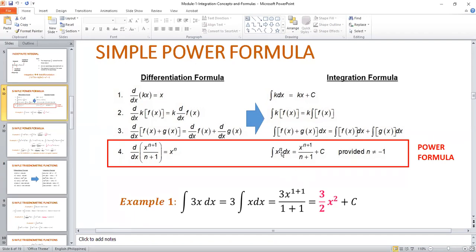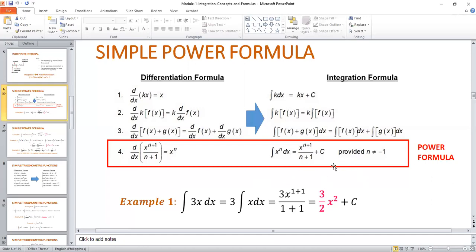So this n could be 10, this could be 12, this could be 0.5. So you add 1 to it. And then the denominator for such an expression is the same as your exponent itself. So if this is n plus 1, this is also n plus 1. And then you add the arbitrary constant of integration. Notice, class, this is very important, that in this case, you cannot have n equal to -1 because it will be a different formula.